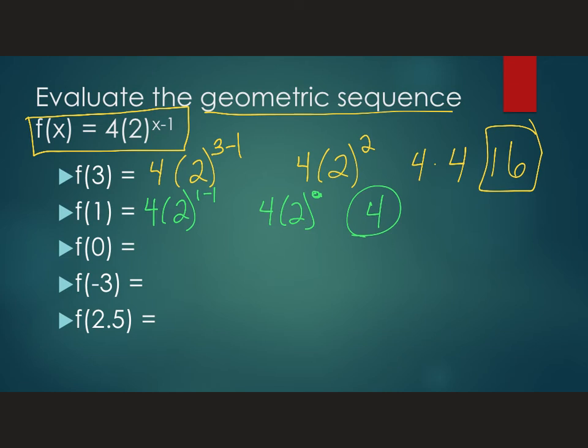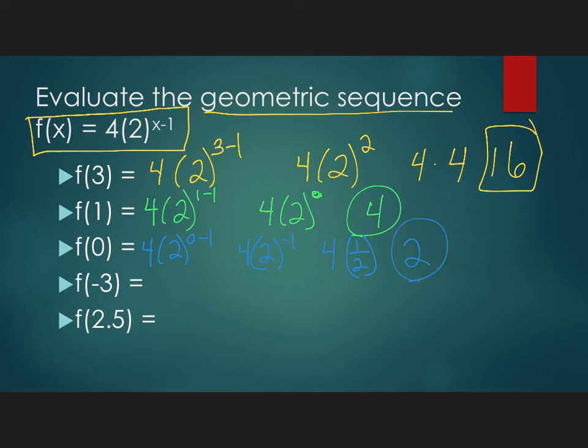Well, what about f of 0? F of 0 would be 4 times 2 to the 0 minus 1. So 0 minus 1 is negative 1. So I've got 4 times 2 to the negative 1, which is 4 times 1/2, which would be 2.